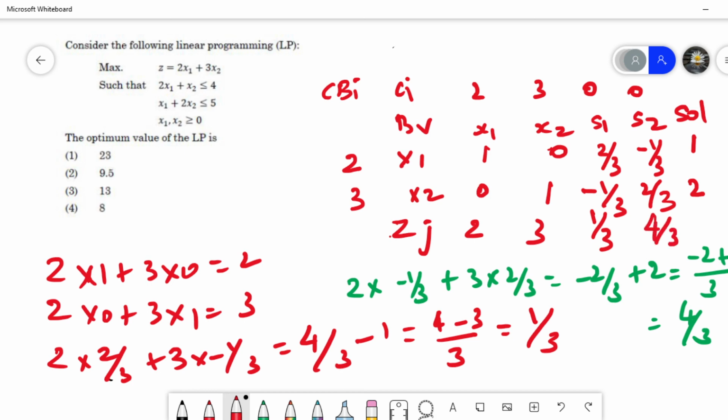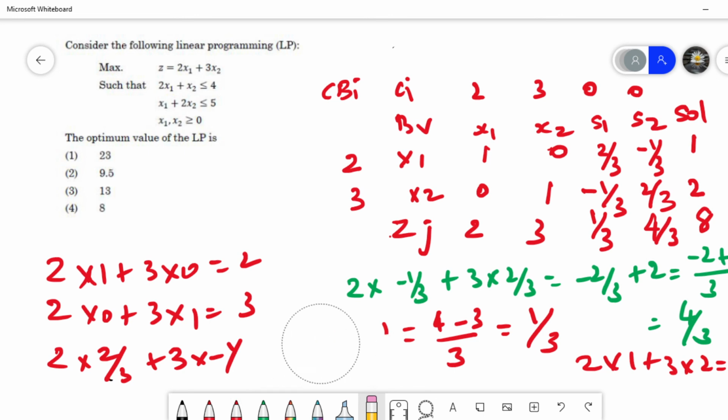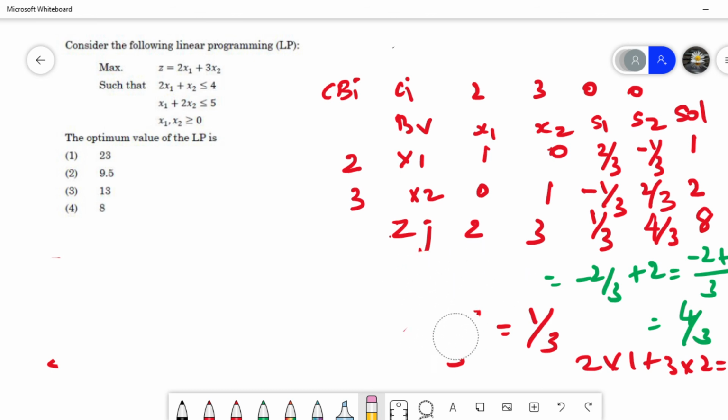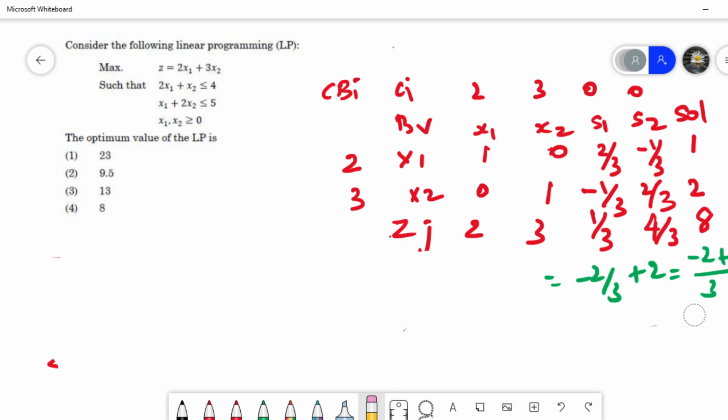So the final one is 2 into 1 plus 3 into 2. So 2 plus 6, 8. Okay. The next step is calculating the Cj minus Zj value.